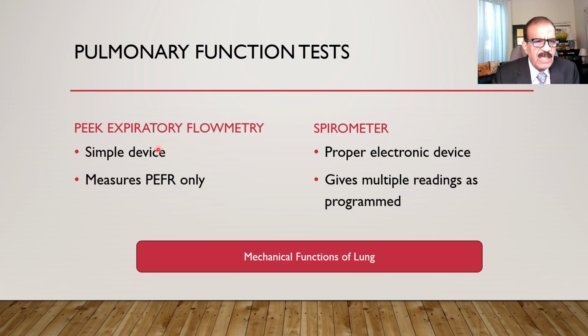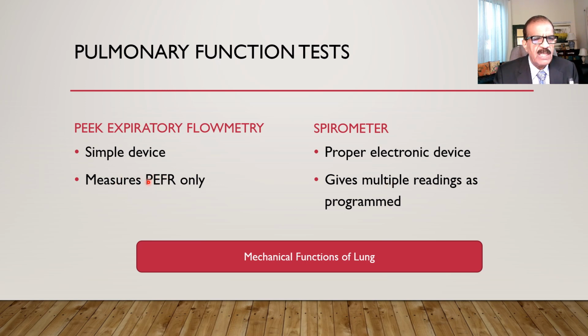With this device you can measure just one parameter of ventilation, that is peak expiratory flow rate. And with this one you can measure multiple parameters as you program. You can measure FEV1, you can measure vital capacity, you can measure FEV1 divided by forced vital capacity as a percentage, and whatever you program it, it will measure.